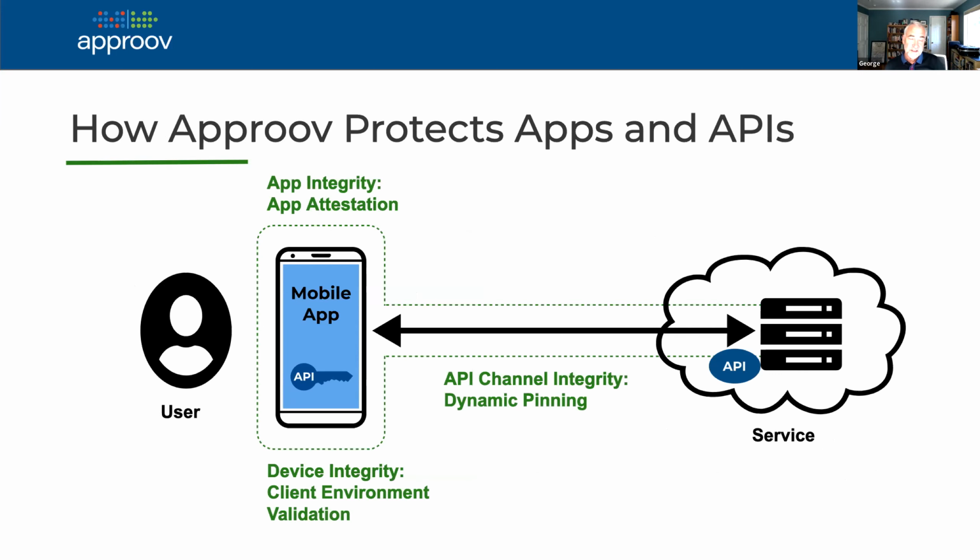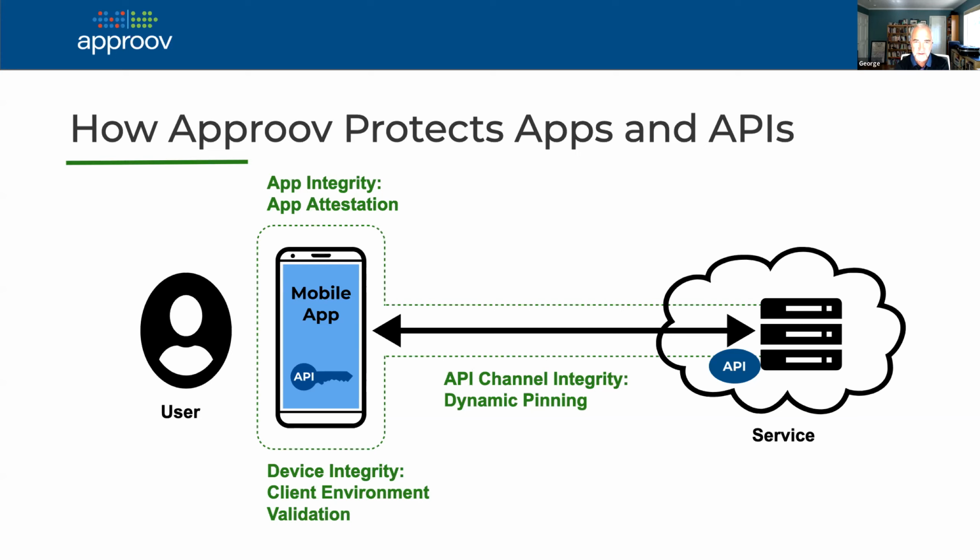So what Approov does is it does 3 things very well, and these are the 3 green points in the middle here. So on the left you've got your user, on the right you have the service, and our premise is you have to protect everything between the user and the service. And the 3 things that we do very well are we will attest the app.